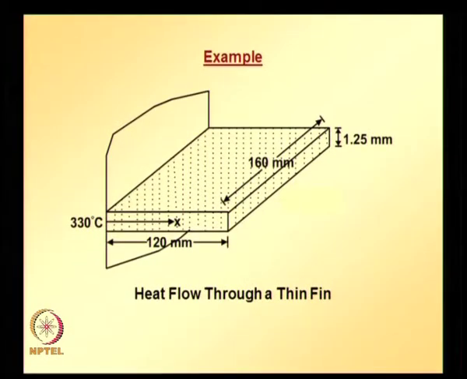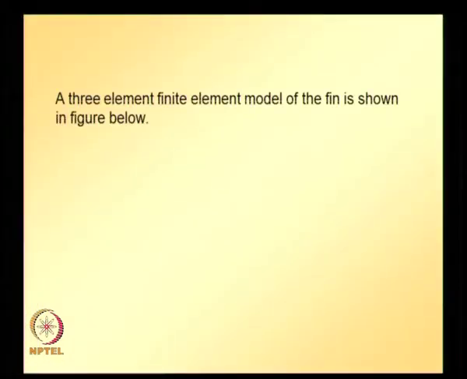So, with that understanding we will go back to the previous example and solve it, except that now we have the convection boundary condition, which is a natural boundary condition, specified at one of the ends. So, let us take the same discretization.